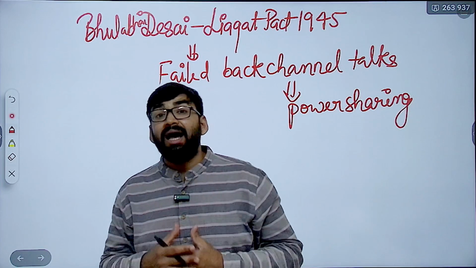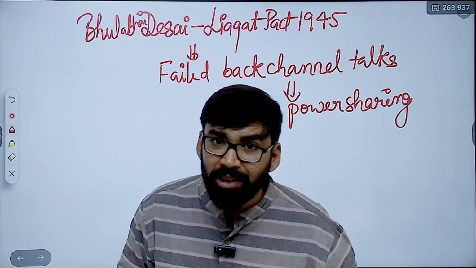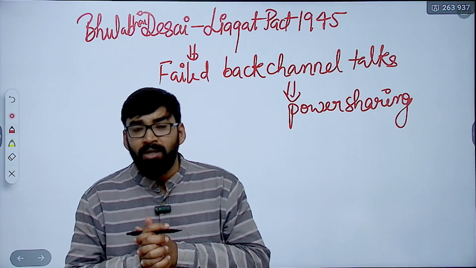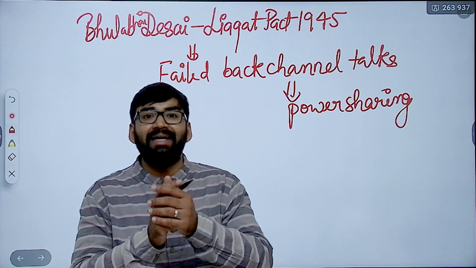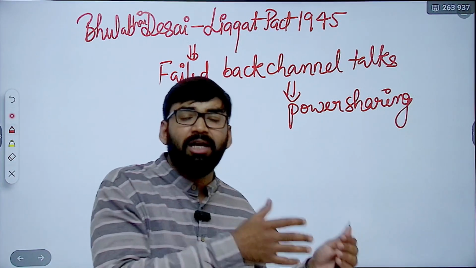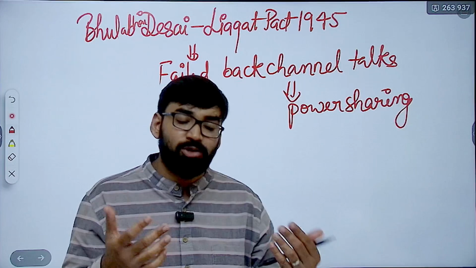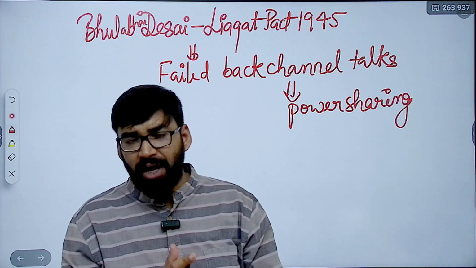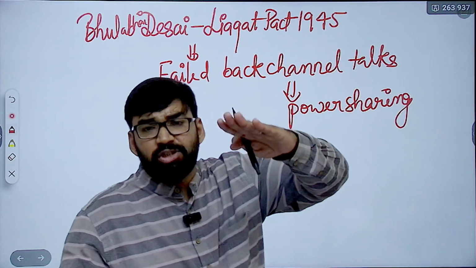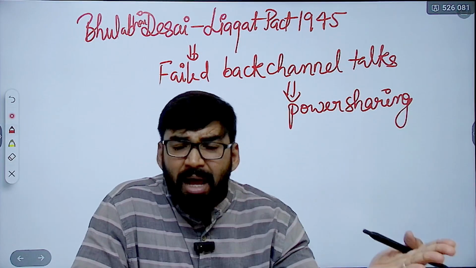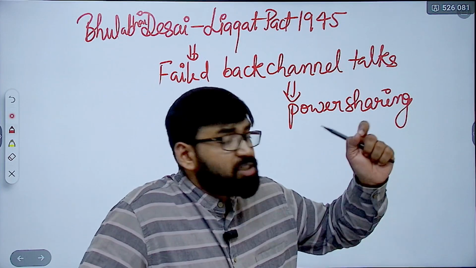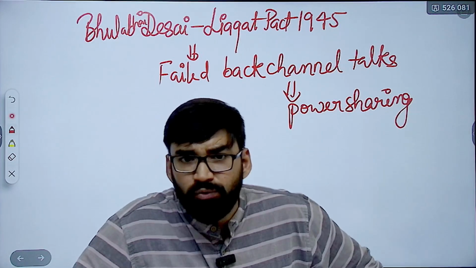Apart from this, INA soldiers were captured in 1944 in the Kohima expedition. INA trials and patriotic unrest were beginning to shake the British Empire. So in 1945, when the Second World War ended, nationalists were tired and the British were exhausted. This was the background in 1944 to 45.